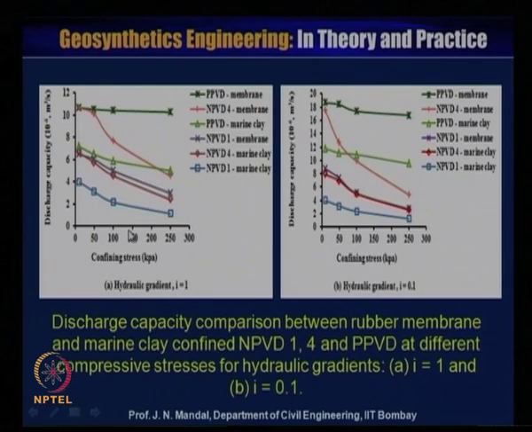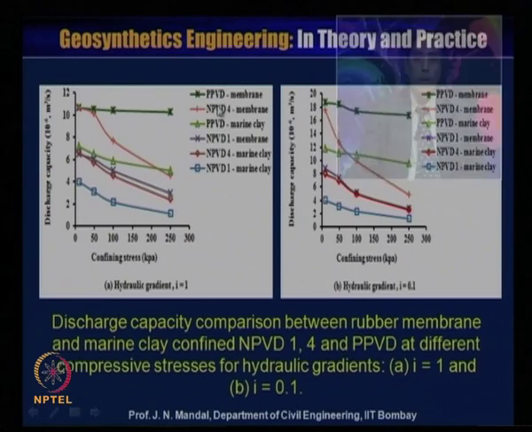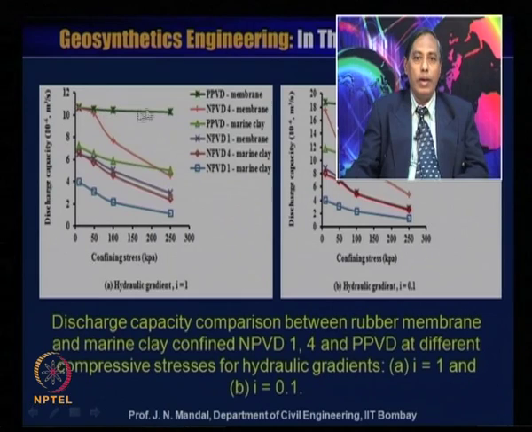Here also is the discharge capacity comparison between the rubber membrane and the marine clay confined NPVD 1, 4 and polyester prefabricated vertical drain at different compressive stress for hydraulic gradient i of 1 and for hydraulic gradient i of 0.1. Here you can see that in case of the membrane prefabricated vertical drain, you have the discharge capacity almost constant with the different confining pressure.